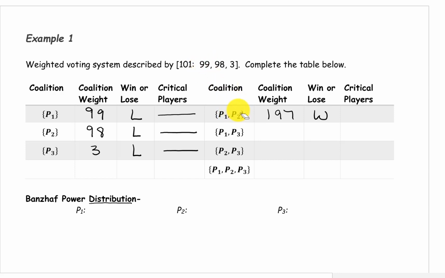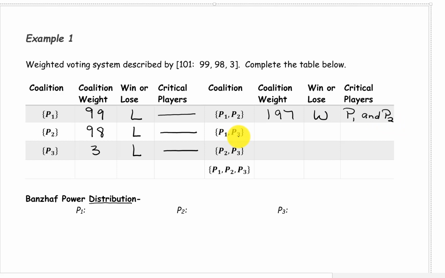So it would lose if player 2 is removed. Same thing would happen if we remove player 1. It would only be player 2 in the coalition, and the weight would then only be 98, and so it would change from a winning coalition to a losing coalition. So both player 1 and player 2 are critical in this coalition.